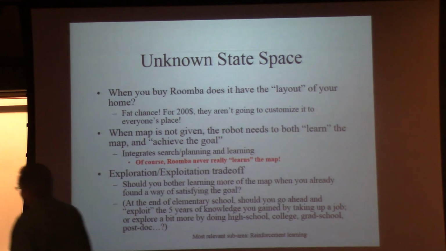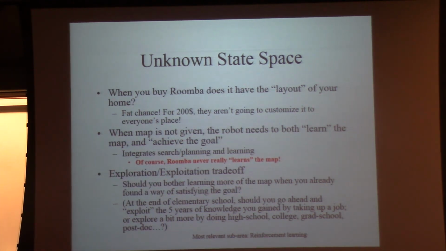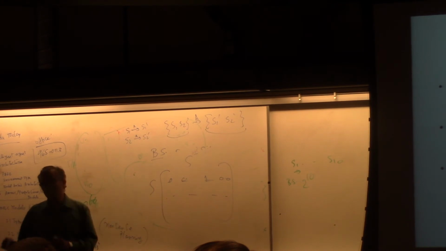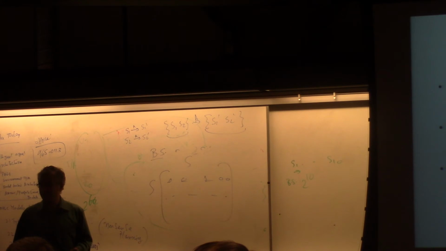So remember I said each deterministic action is an S by S matrix, and I said there will be zeros and ones. If it's a deterministic action and the model is complete, it will just be zeros and ones.